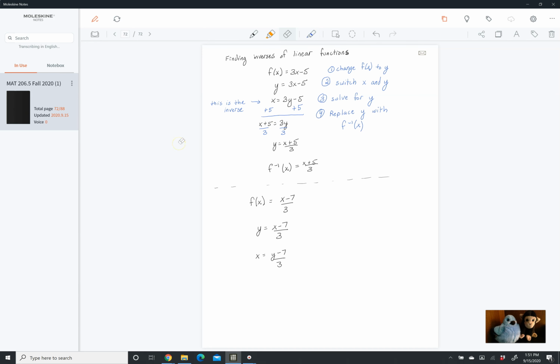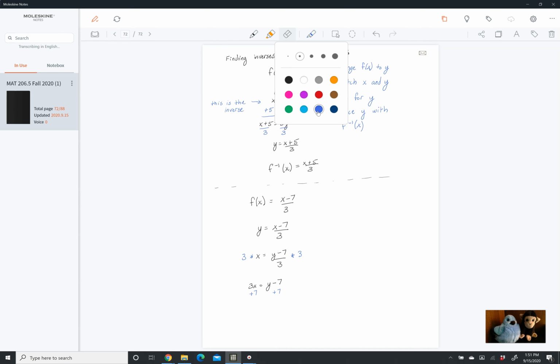Then we can multiply everything by 3 because then we're solving for y. So that gives us 3x is equal to y minus 7. Add 7 to both sides. And we get that y is equal to 3x plus 7.